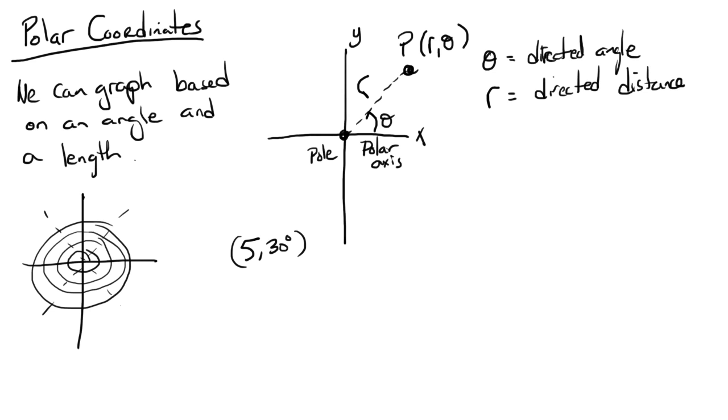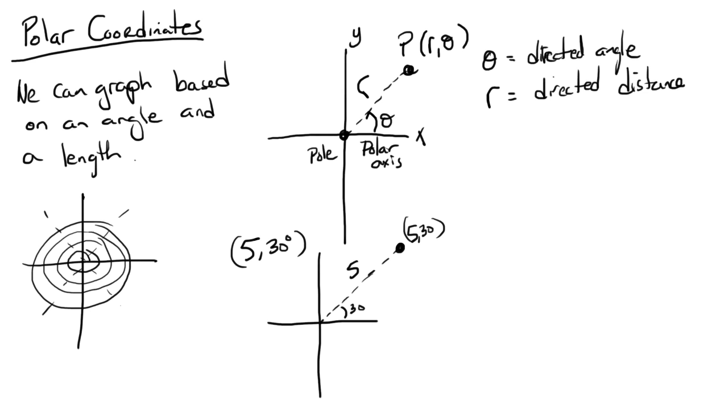So when I give you the point (5, 30), we go 30 degrees, and you're just going to guess when doing it by hand. Let's say this is 30, and this is whatever distance 5 is. That's why with the circle paper, you count out each line as worth 1, and it has angles on it. So my point is right here, and that point would be (5, 30).